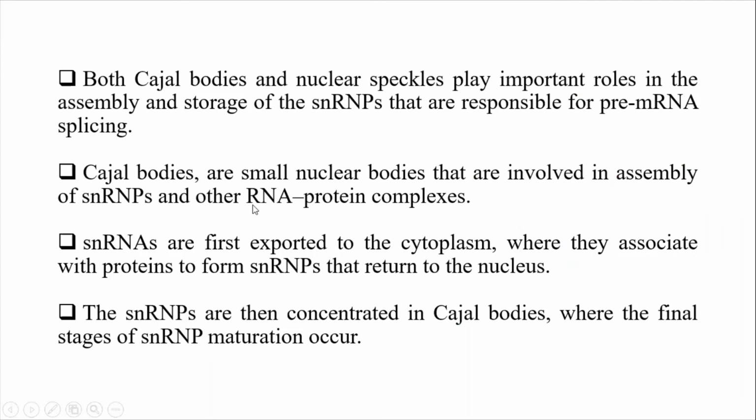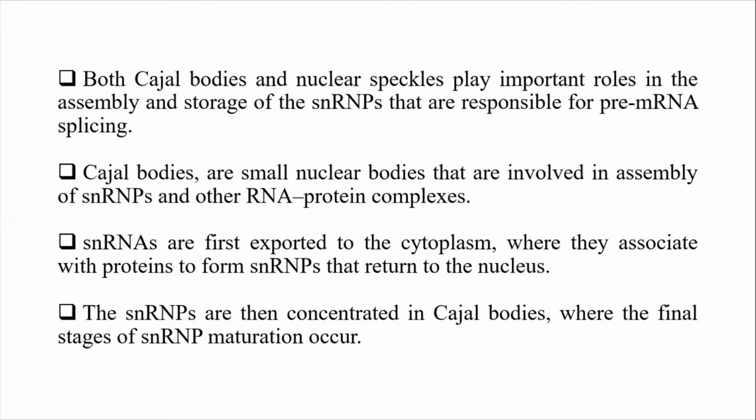Now, Cajal bodies are small nuclear bodies involved in assembly of snRNPs and other RNA protein complexes. So the RNAs are first exported to the cytoplasm, where they associate with the proteins, form the snRNP, and then come back to the nucleus. Now, why? Because they are the RNA plus protein complex which helps in the formation of the spliceosome. Where is the spliceosome needed?